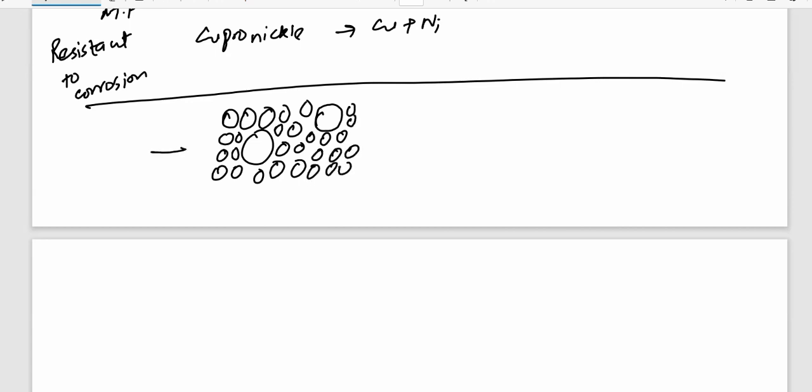When force is applied, they don't slide. They resist sliding, due to which they get strength. The layers of the metals do not slide over each other because they have different sizes, so they are stronger.